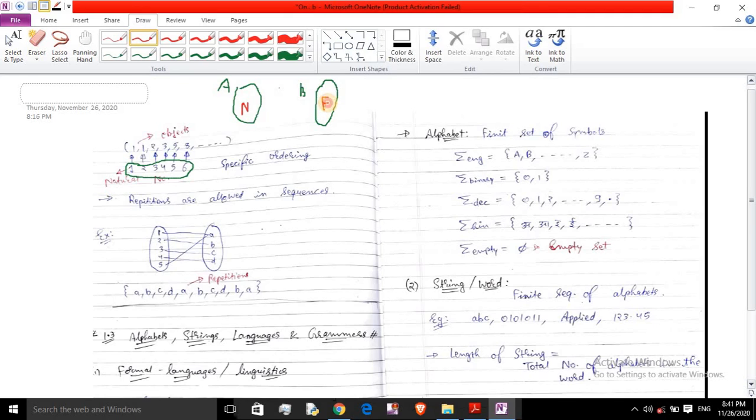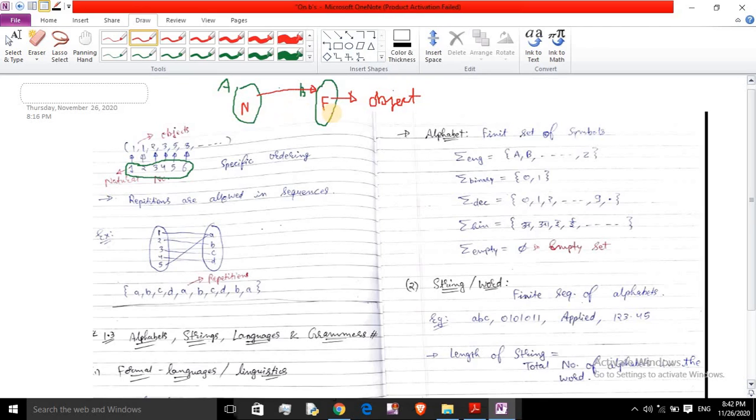So what it's saying is that A is mapped with an element of set B. We will see it as an object.